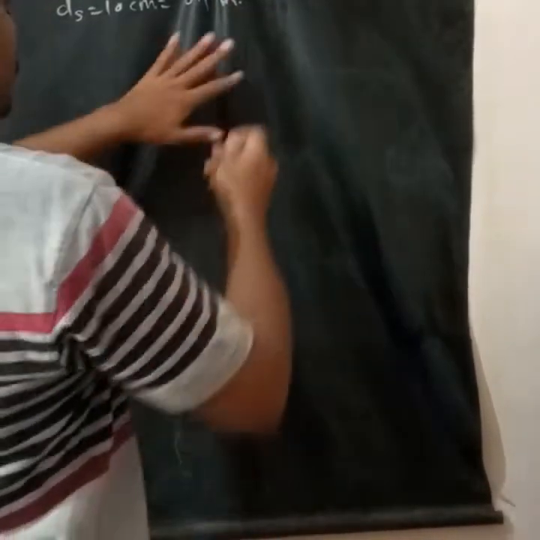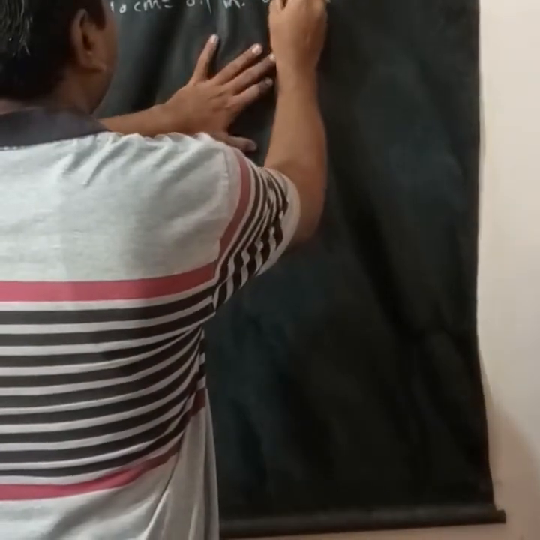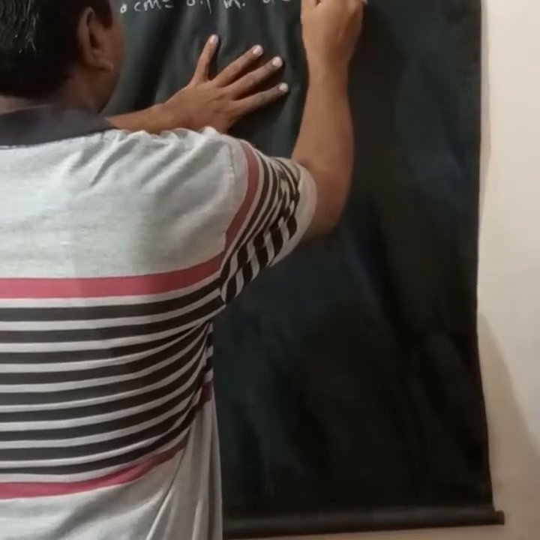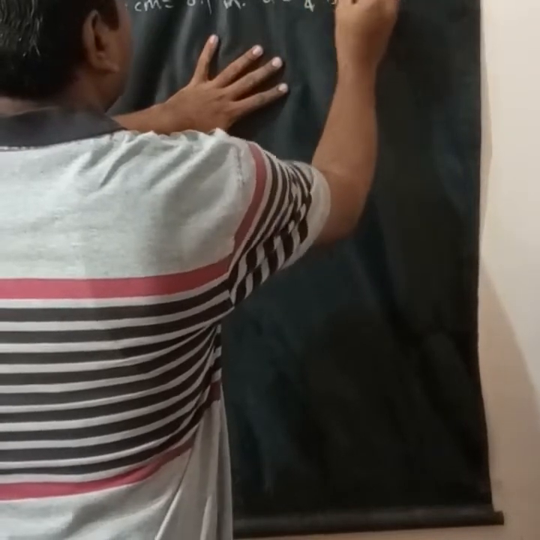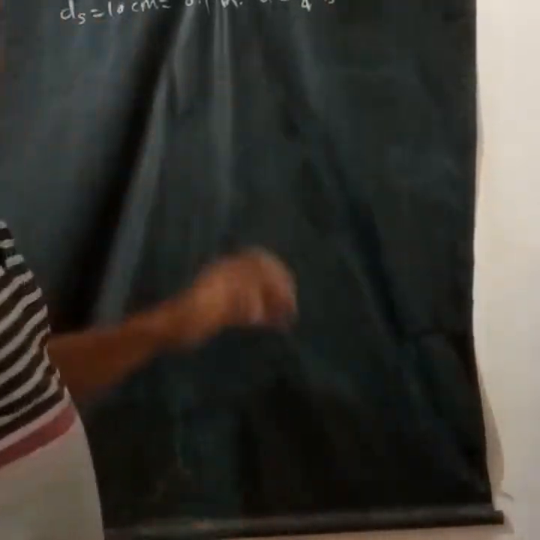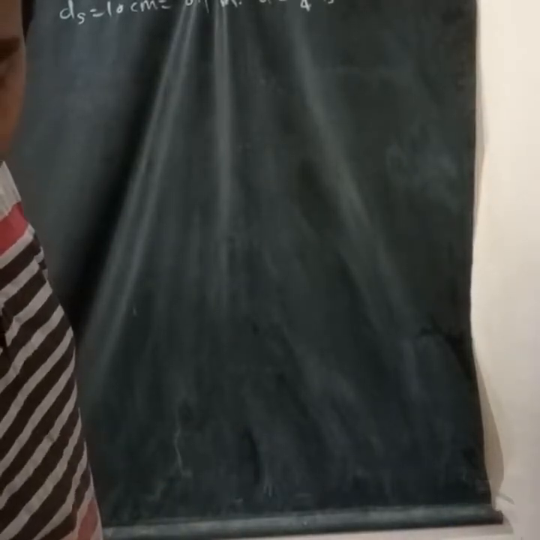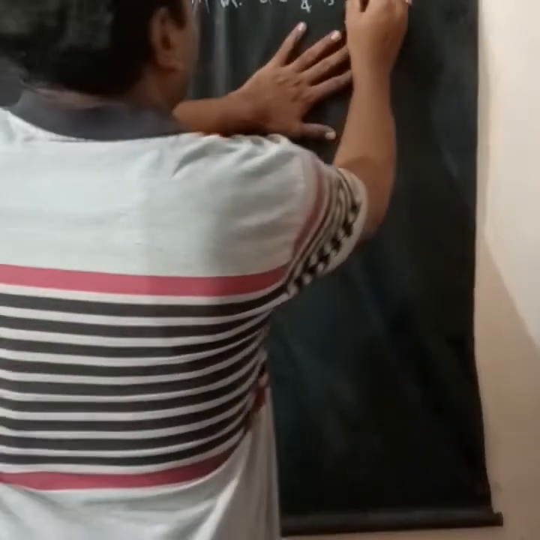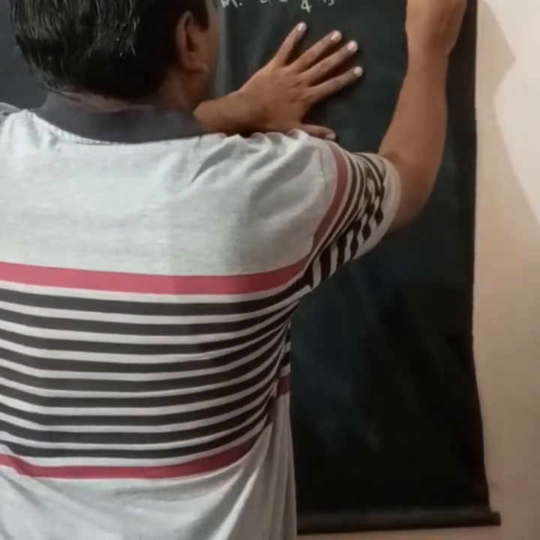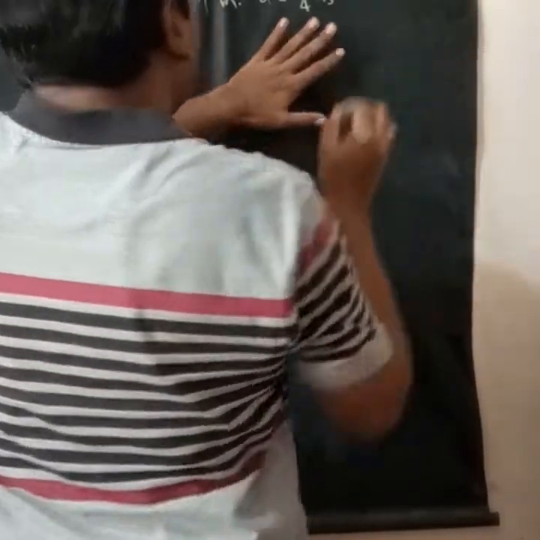So you can calculate the area of the suction pipe. Pi by 4 d square is equal to pi by 4 times 0.1 square, and that is 0.007854 meter square.